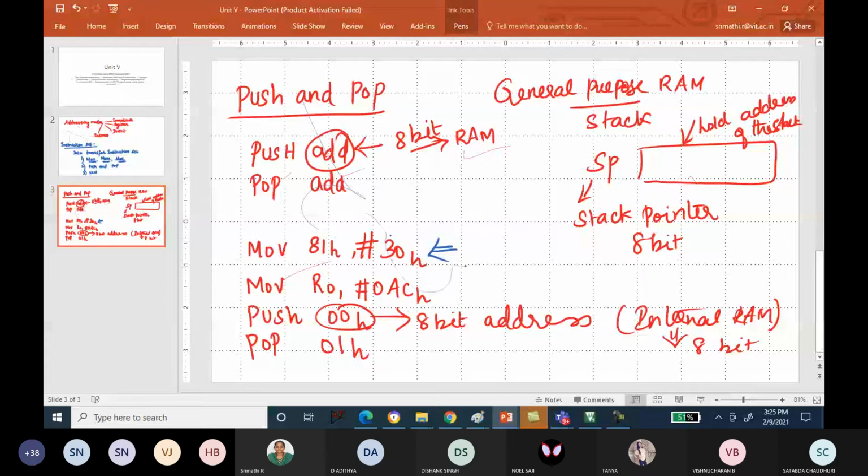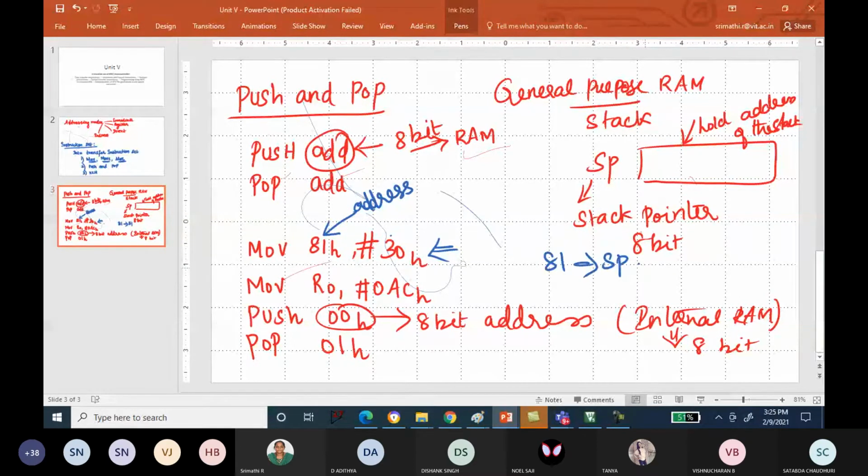This is the address, and we know 81H is nothing but the stack pointer. And what are you doing here? MOV 81H, #30H. What is the meaning here? What does this pound symbol represent?